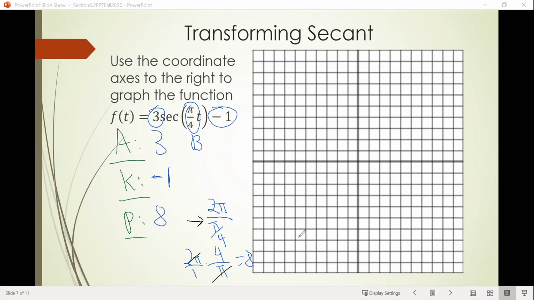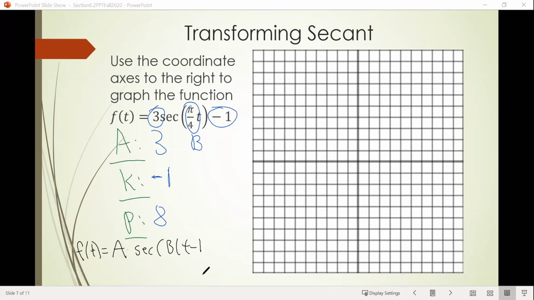Now, first of all, I should point out that if you remember our general forms for transformed sine and cosine, we're using a similar type of form here for secant, right? We could say that secant can be written as a times secant of b times t minus h plus k. And then just for funsies, we'll also write down a potential formula for cosecant, a times cosecant of b times t minus h plus k.